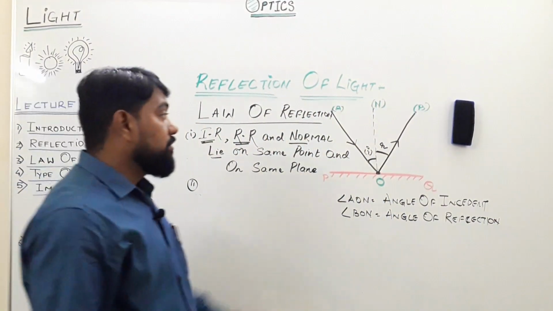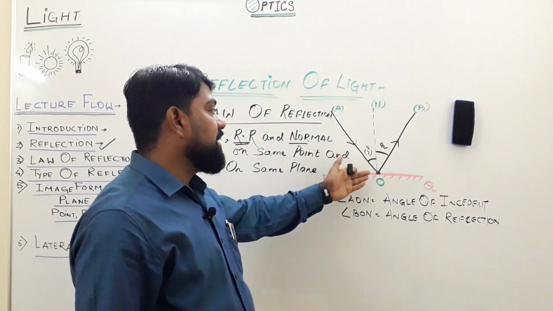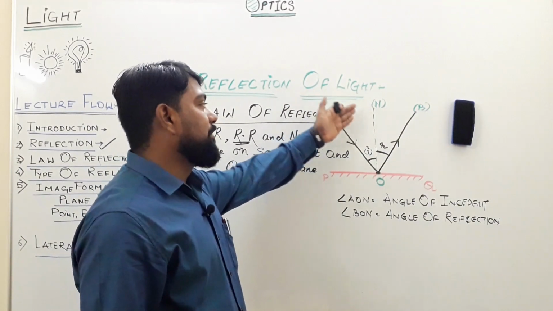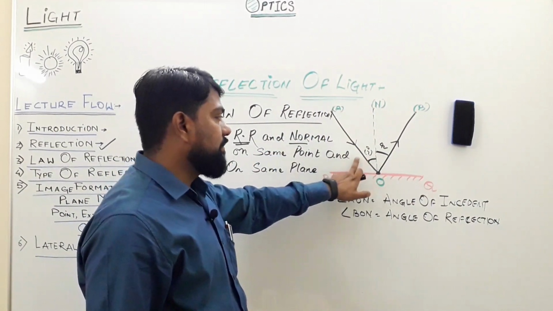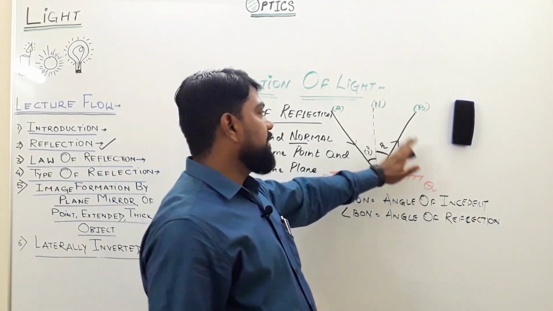The angle between the incident ray and the normal is called the angle of incidence. The angle between the reflected ray and the normal is known as the angle of reflection.